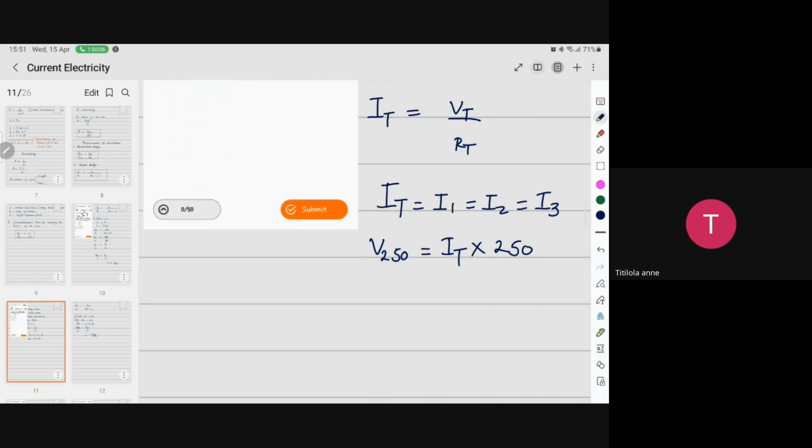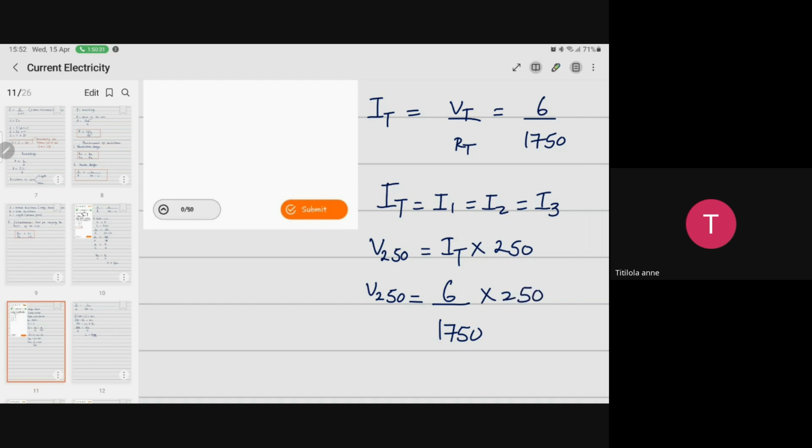All right, so we have that V250 will now be equal to what? What was the current you guys got here? 1750. Sorry, this is 6 divided by 1750. All right, I hope that you are following. So this is 6 all over 1750 multiplied by 250.